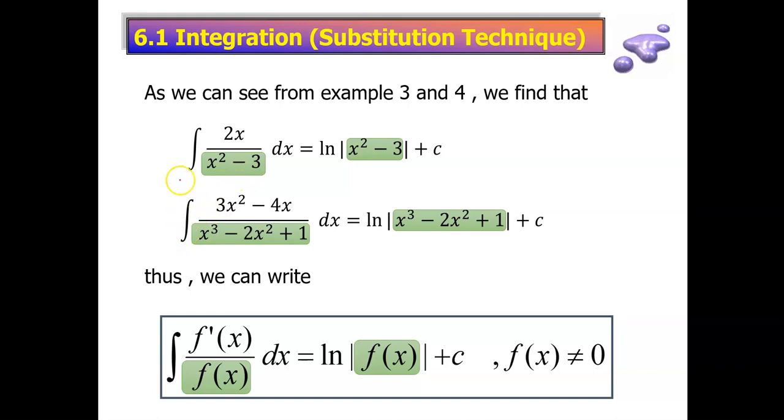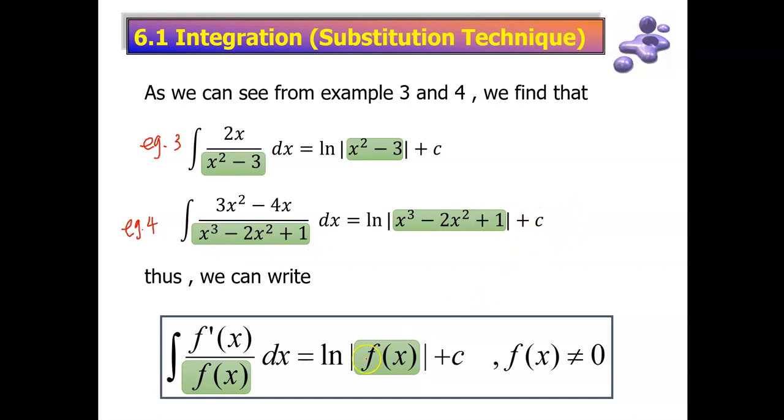Sama juga. This is example 3. This is example 4. Okay. We done it before. So bila you integrate, you akan dapat balik ln of this thing, the denominator, plus c.